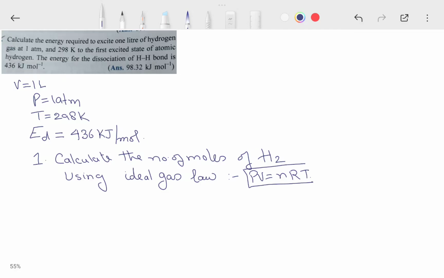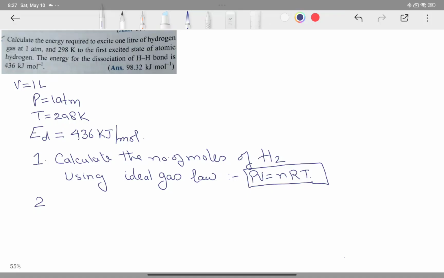See, P, V, T and R, all these things are known to us. In the second step, we will multiply the number of moles of hydrogen with energy of dissociation. So let this number of moles be n.